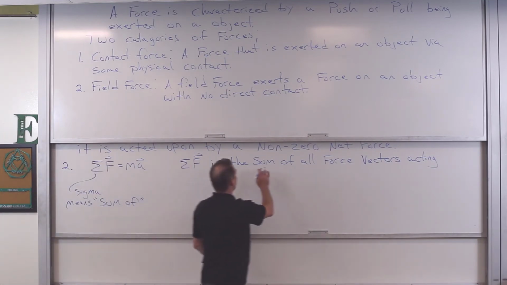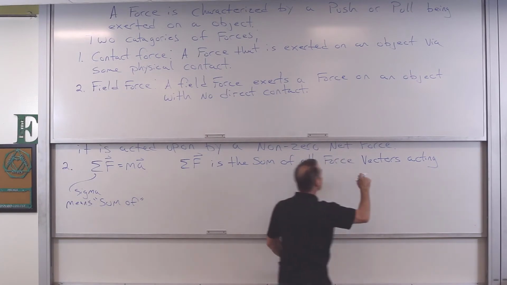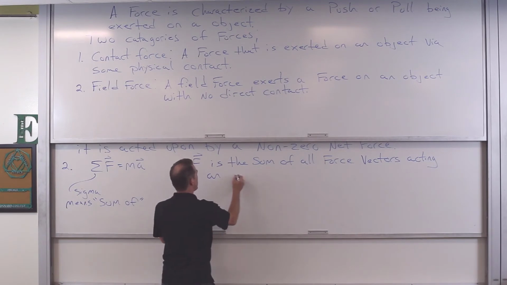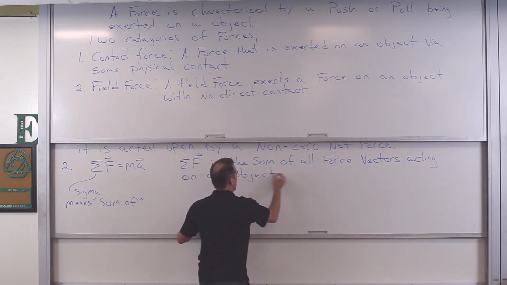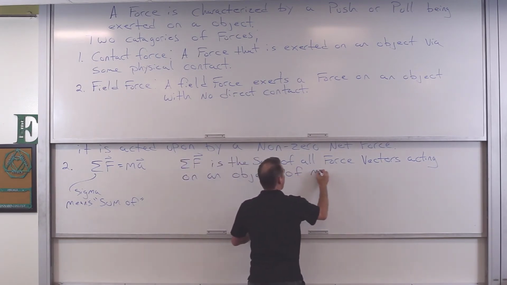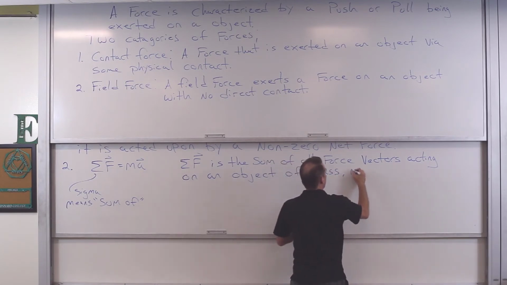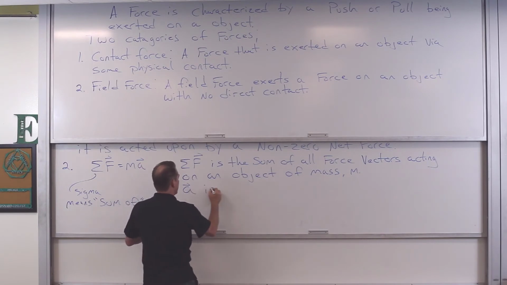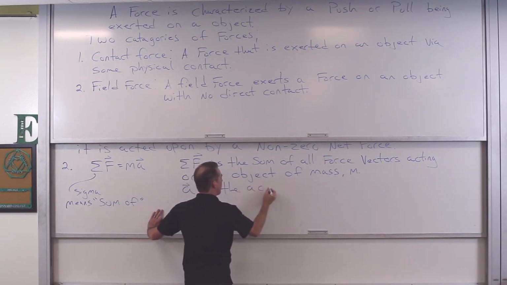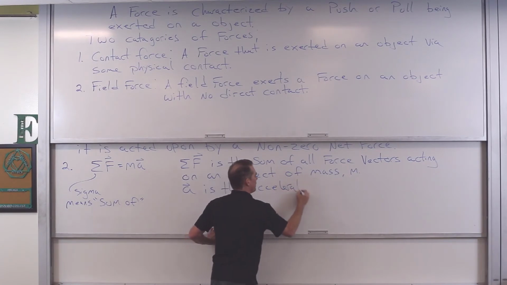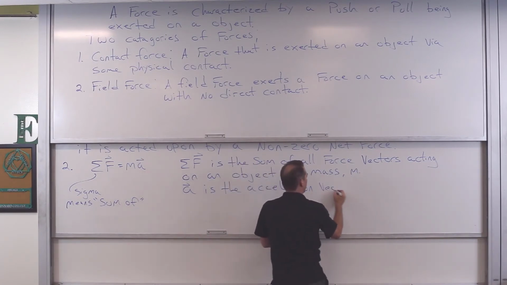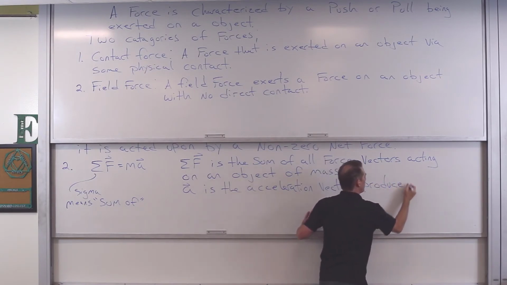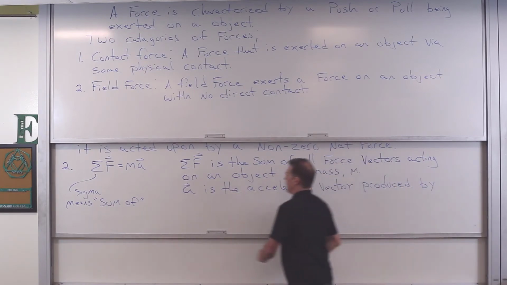Sigma F is the sum of all force vectors acting on an object of mass m. A hat is the acceleration vector produced by the net force.